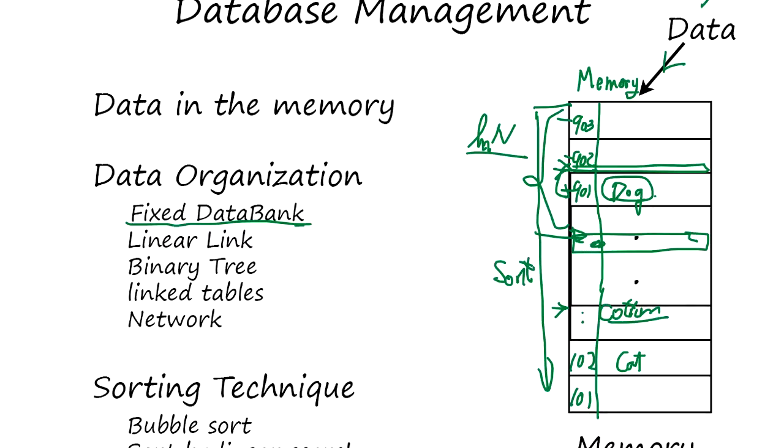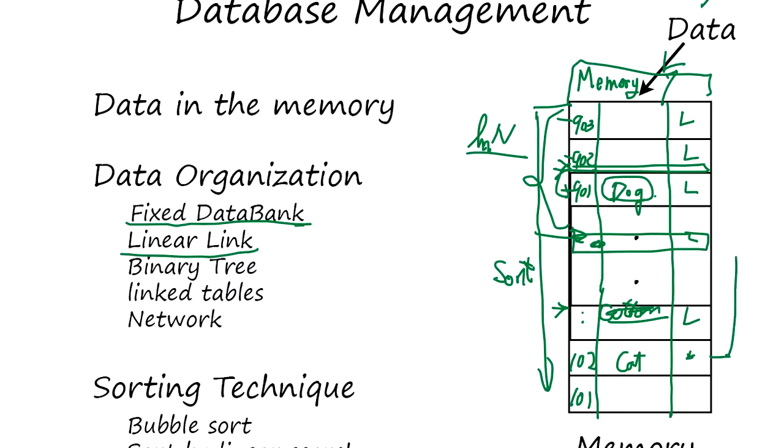It's not efficient, and that's why we use the linear link. In a linear link, each memory location has a link address. When a new one comes in, we point this memory address here, and link it to here.